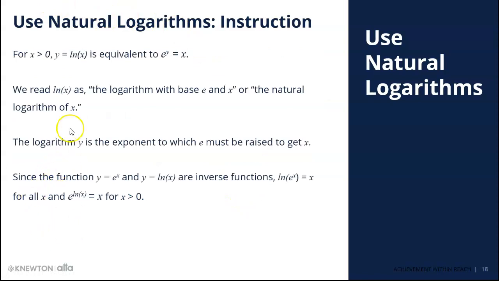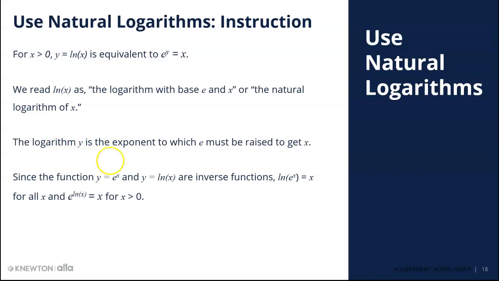So in summary, for x greater than 0, y equals ln x is equivalent to e to the y equals x. And we read ln x as the natural logarithm of x. The logarithm y is the exponent to which e must be raised to get x.